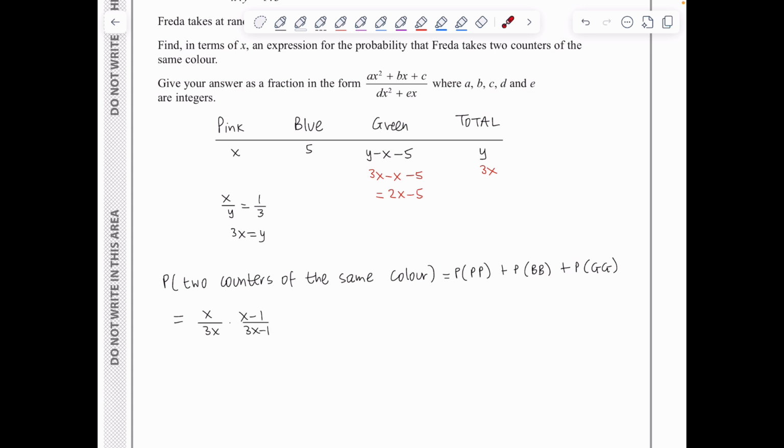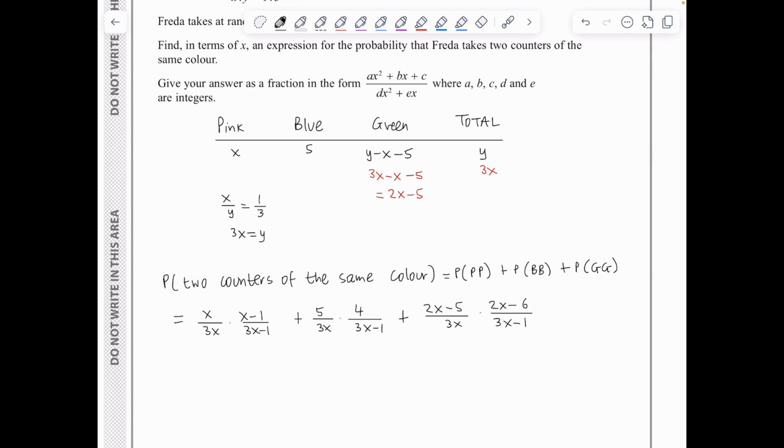Notice that each time I remove a counter, the total decreases by 1, and the number of counters of that color also decreases by 1. Then going to the blue scenario, it's going to be 5 over 3x times 4 over (3x - 1). And finally, for the green scenario, we've got 2x - 5 green counters originally, and then if we remove 1, we are down to 2x - 6 green counters out of a total of 3x - 1 counters.